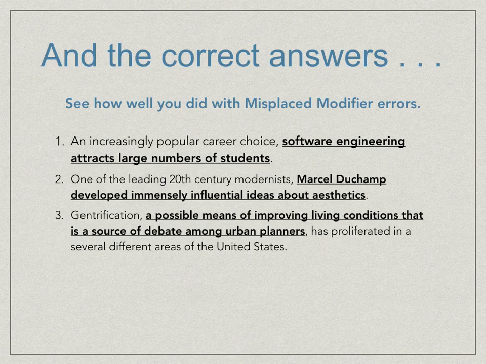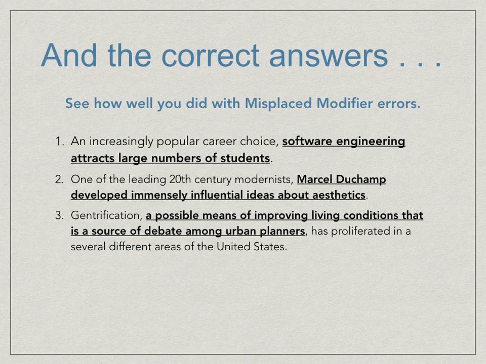It may seem a little awkward at first that we are moving a long portion to mid-sentence, but it turns out that this is what you need to do, because otherwise we're wrongly describing different areas as a means or method, the United States as a means or method. No, gentrification, which is an economic way of, say, bringing business and housing changes into different kinds of cities, that would be a means or a method.